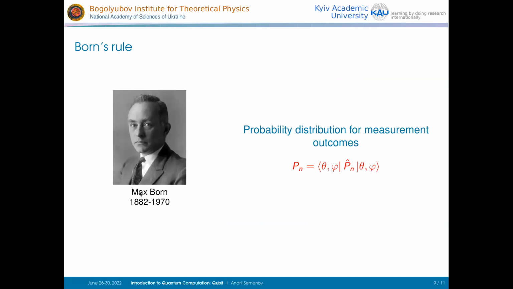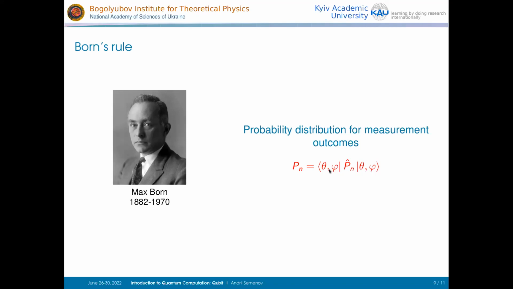He told the following. Here this is in application to the qubit, but of course you understand that this is a more general rule, which can be applied to anything else. If you want to make a qubit readout, you will get either 0 or 1 as a result with probability Pn, which for each pure quantum state, which I will now mark by theta and phi because they depend on two numbers, is given like this.